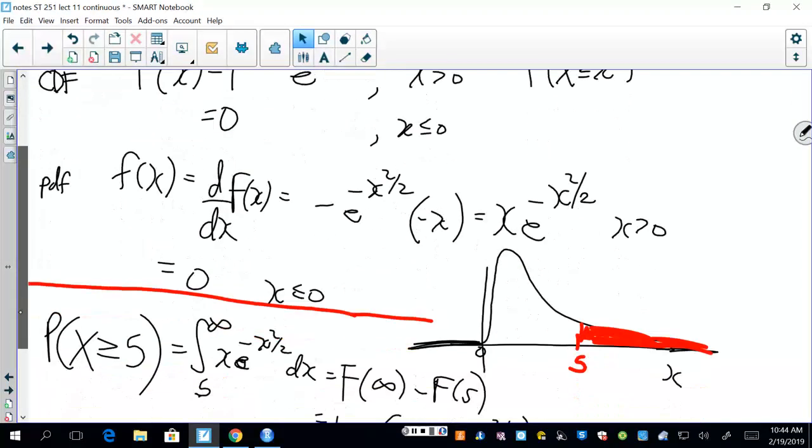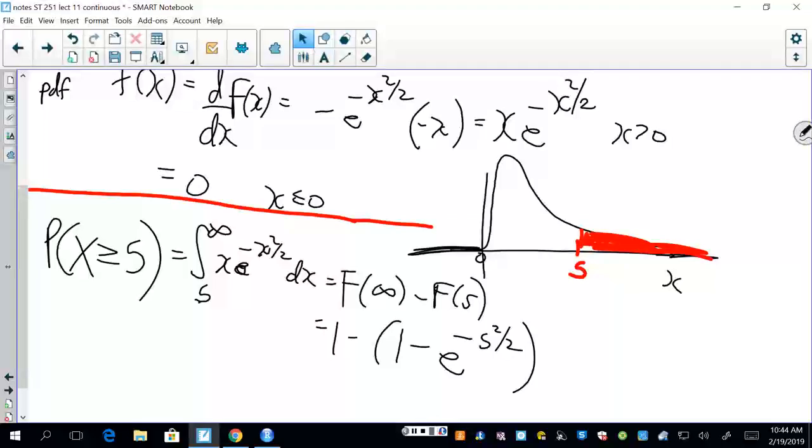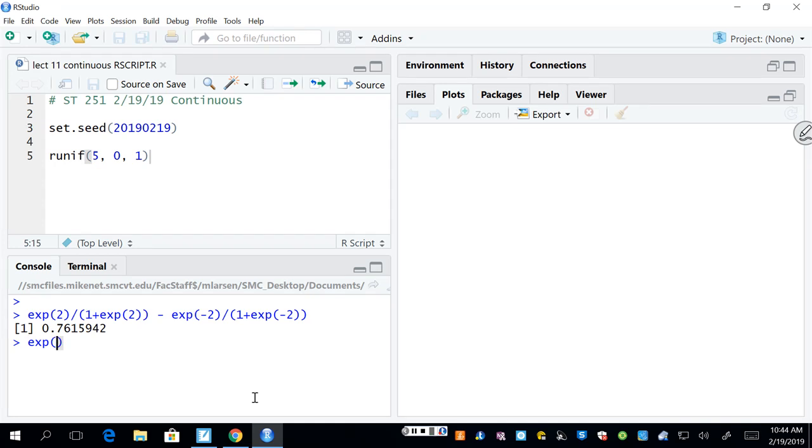Did I put a negative? Yes, okay, good. So 1 minus 1 is 0, and minus minus is e to the negative 5 squared over 2. What's that value? Exponent of negative 5 squared over 2 is pretty small, right?